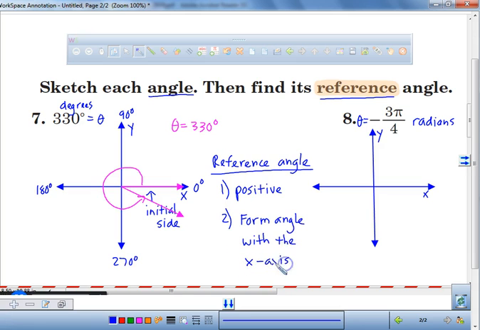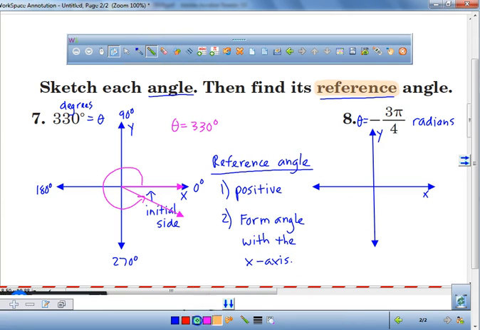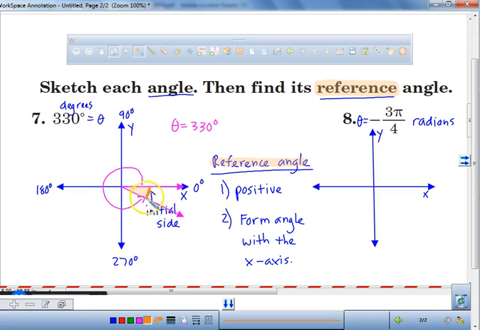Okay, what does that mean? Right now, I'm going to highlight this in orange. This little sliver right here is your reference angle, because that is formed with the x-axis. So this angle right in here is how many degrees? 30 degrees.